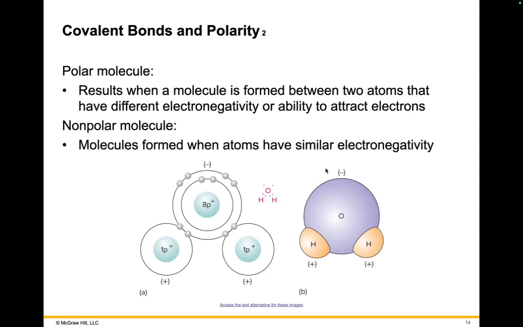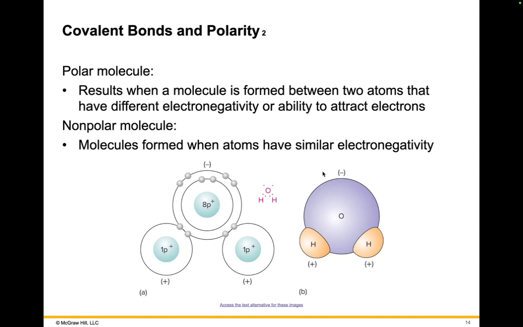But in this picture, we have a water molecule. Water is polar. And the reason that it's polar is because oxygen has a whole lot of protons in its nucleus, which attracts electrons. Remember that negative things are attracted to positive things. So the electrons shift and really want to be over on one side of the molecule near the oxygen.